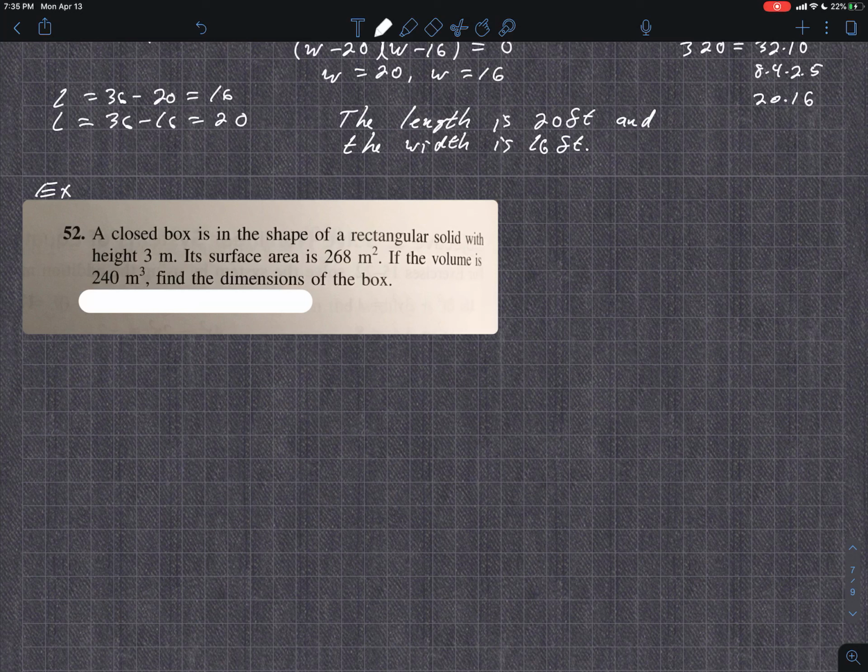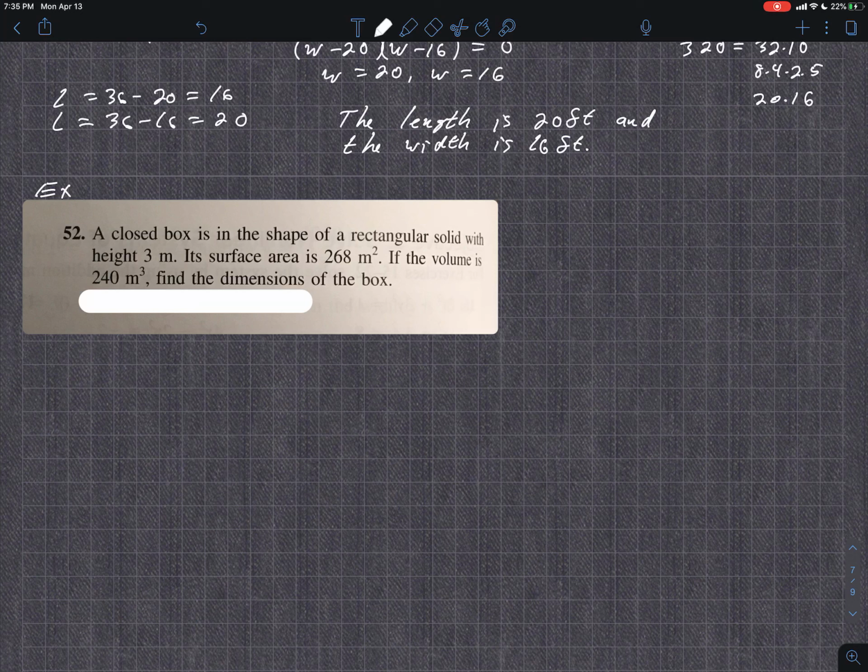I'll work out some of it. All right, so a closed box is in the shape of a rectangular solid with height 3 meters. Its surface area is 268 meters squared. If the volume is 240 cubic meters, find the dimensions of the box.